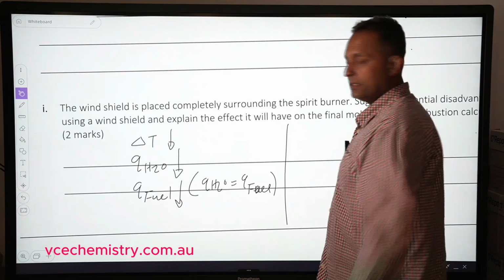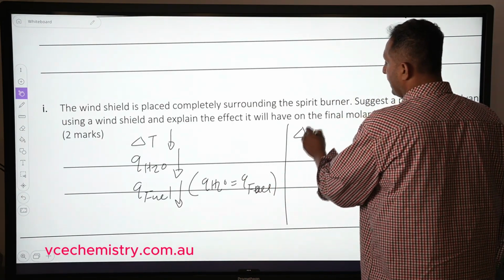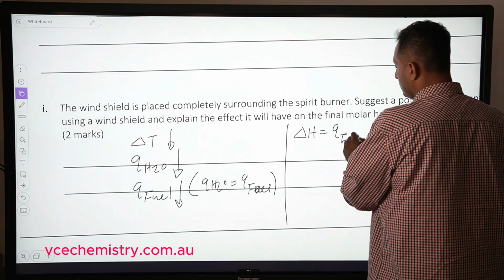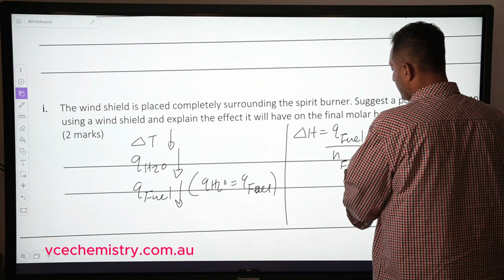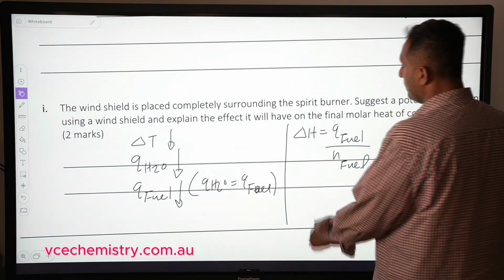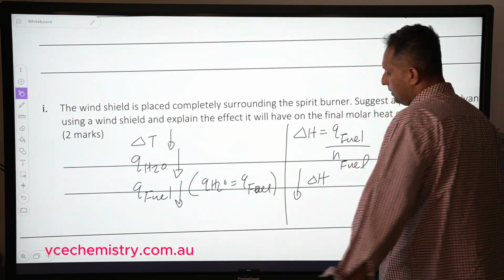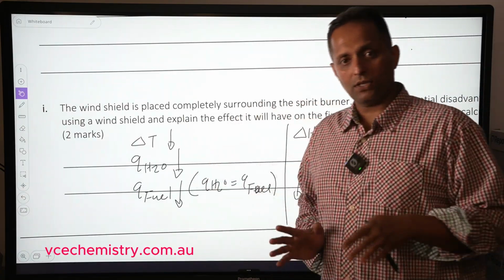Now the final point: how is that going to affect the delta H? You know that delta H is equal to Q fuel over the number of moles of the fuel. Due to this, you will end up getting a lower delta H value. Again, I will write a proper answer in the description.